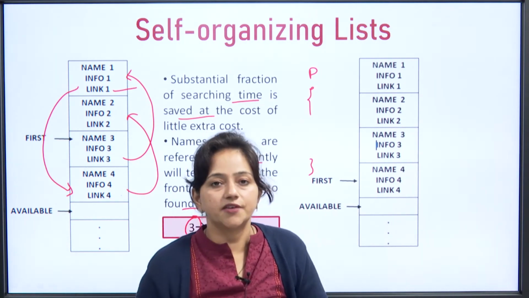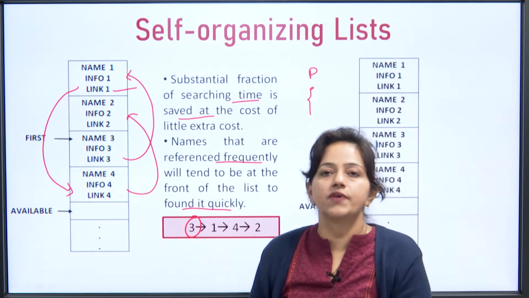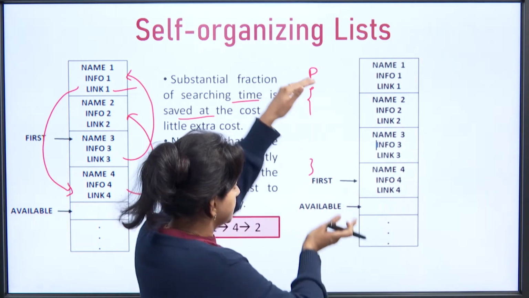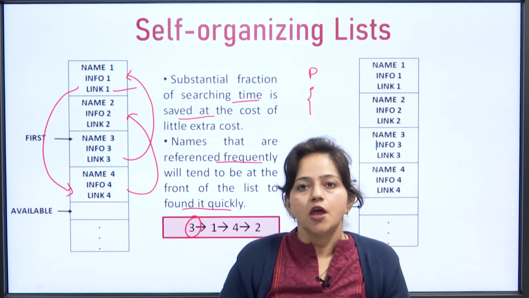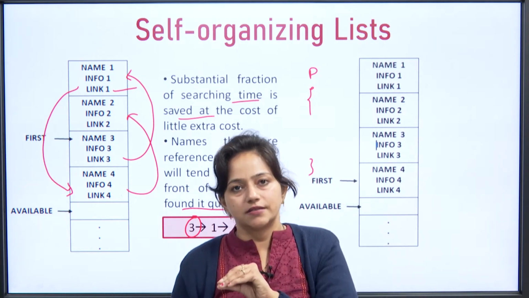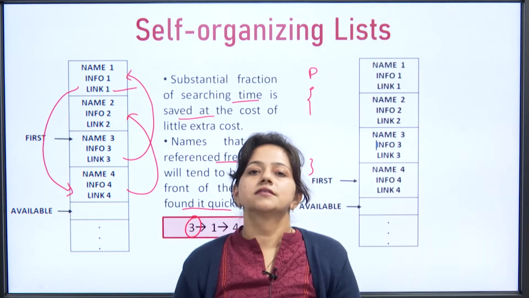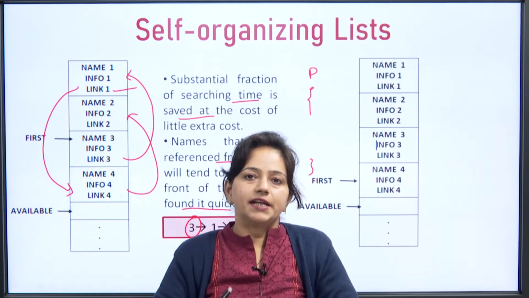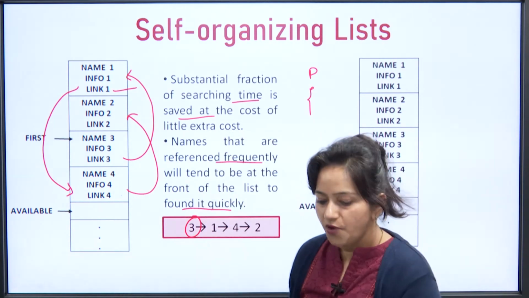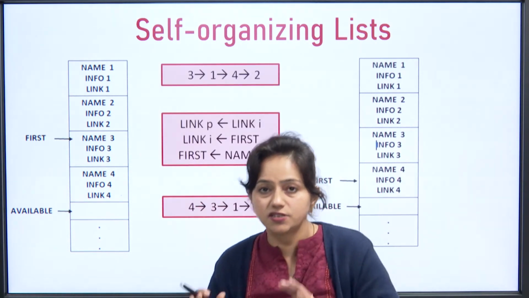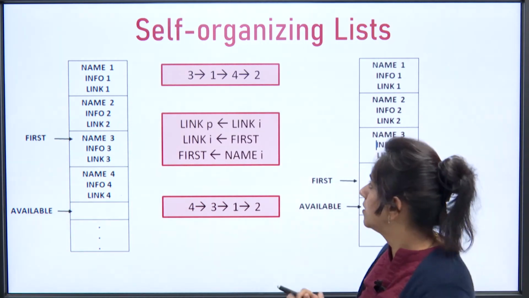The variables that are referenced frequently in a particular small section of the program, we add them at the beginning of the list. So, we organize the list when a particular name is encountered. What we do here is just change the pointers whenever a particular name is referenced.